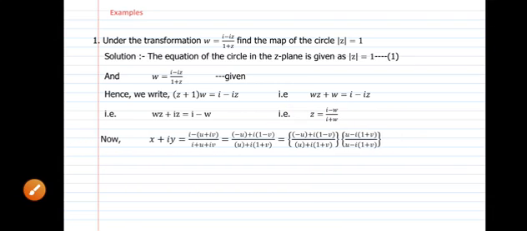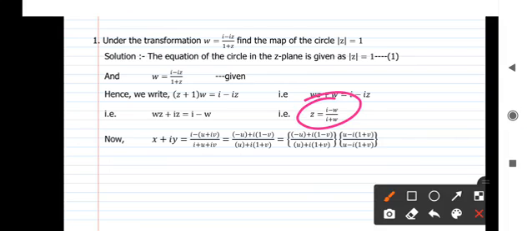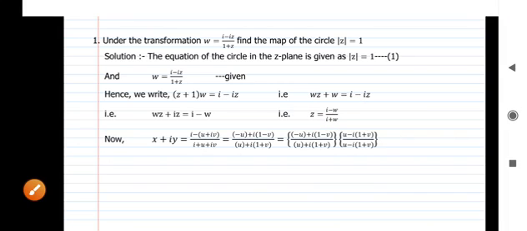Now we know that z equal to x plus iy and w equal to u plus iv. So we have to use z in terms of x, y and w in terms of u, v in this result of z, so that we can find the real and imaginary parts in terms of u and v.